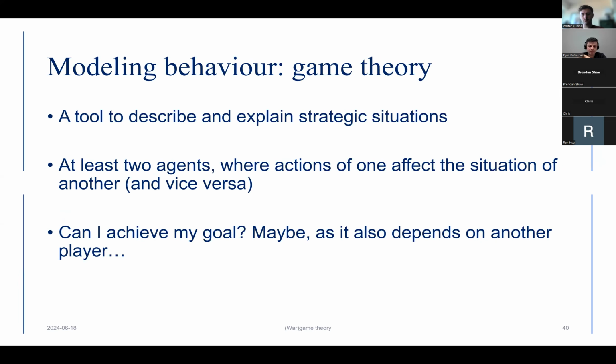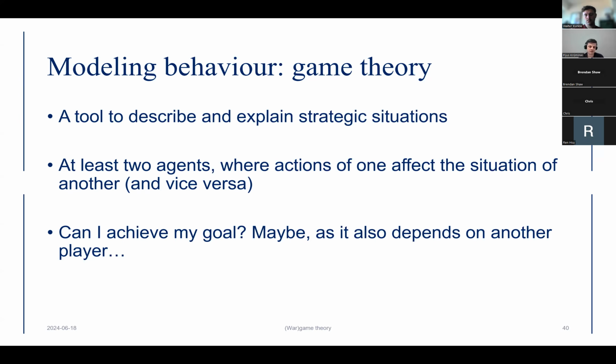If we talk about game theory, it's a tool to explain strategic situations. It's less about how one thing affects another thing, and more about how two or more agents make decisions when the actions of one agent affect the payoff or actions that the other agent can do or achieve, basically asking: can I achieve my goal?